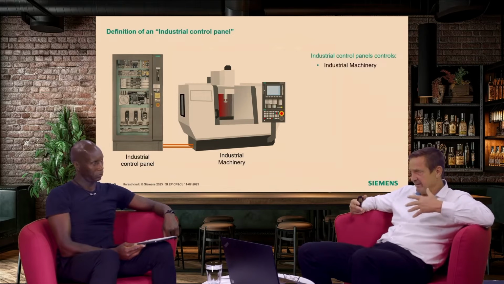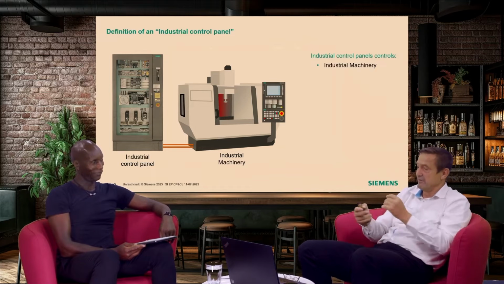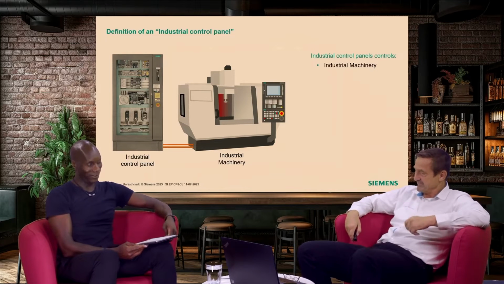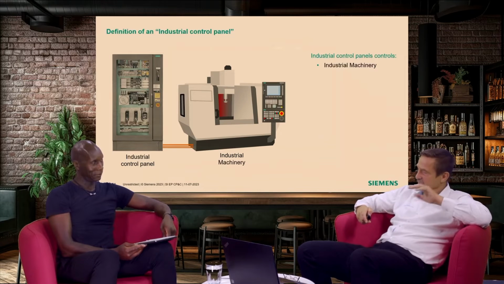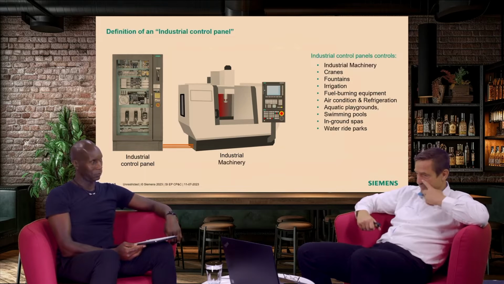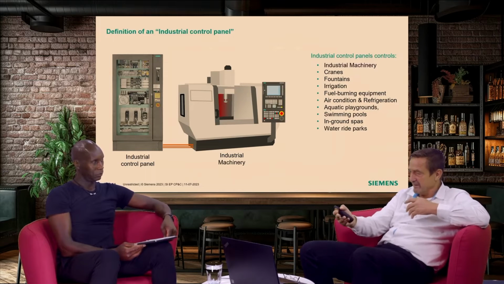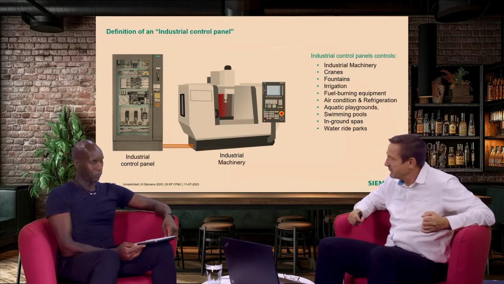So we can say an industrial control panel is the brain and the muscles of an industrial machinery. But an industrial control panel not only controls industrial machinery, there are also some other applications, like you see here: cranes, fountains, irrigation, or fuel burning equipment.